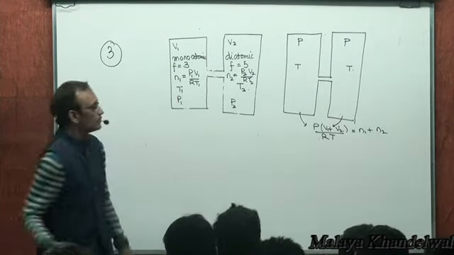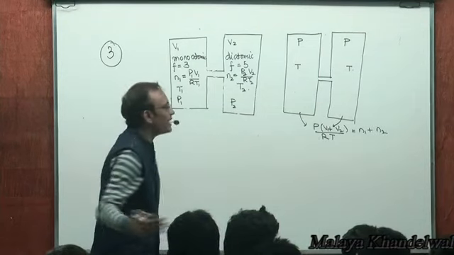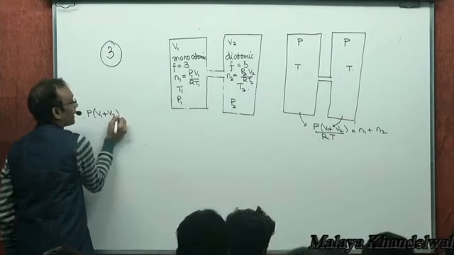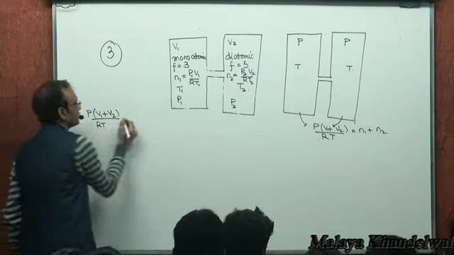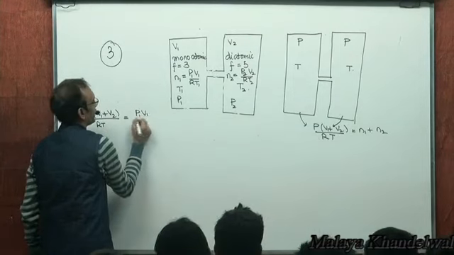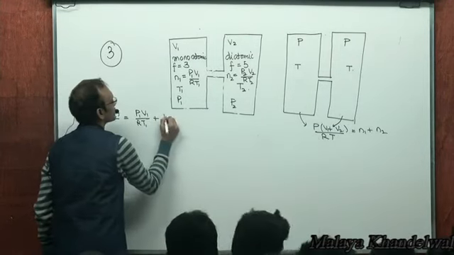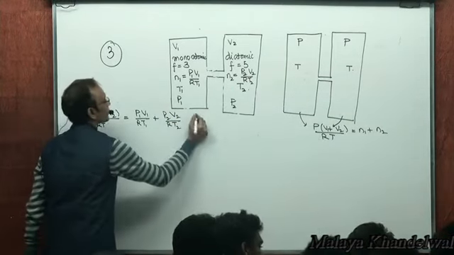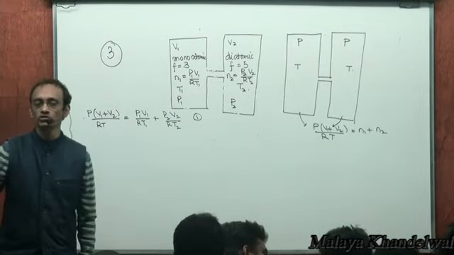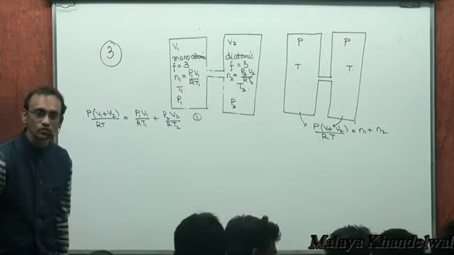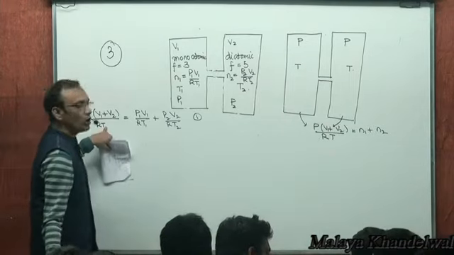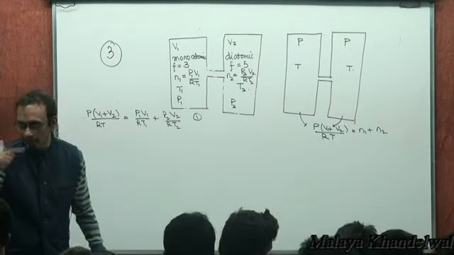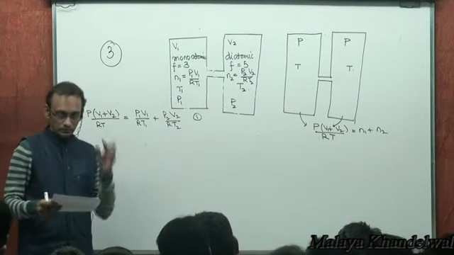So out of sheer conservation of mass, we have the final number of moles P into V1 plus V2 by RT equals P1 V1 by RT1 plus P2 V2 by RT2. Conservation of number of moles equated the number of moles. The total final moles equals the total initial moles, that will not vanish anywhere, right?